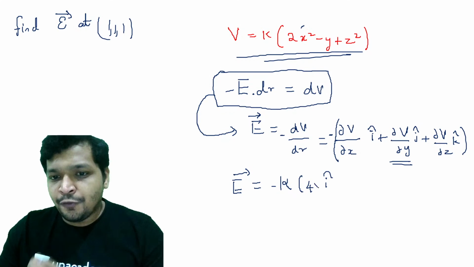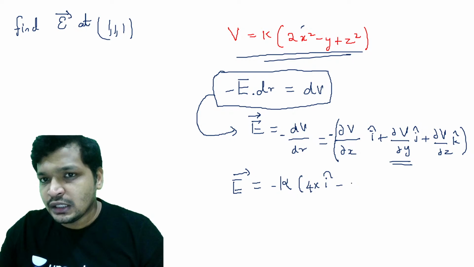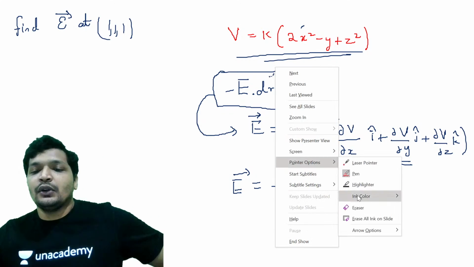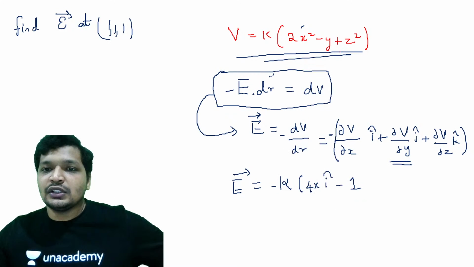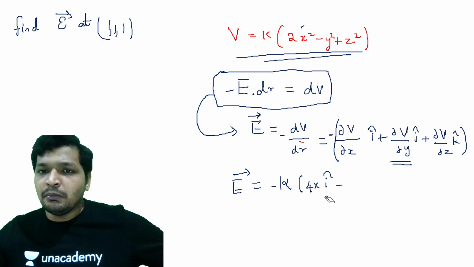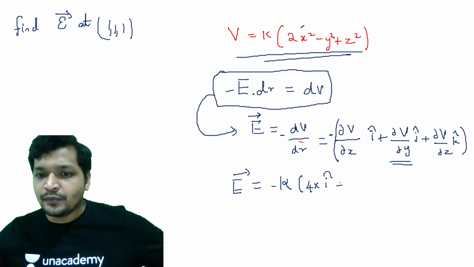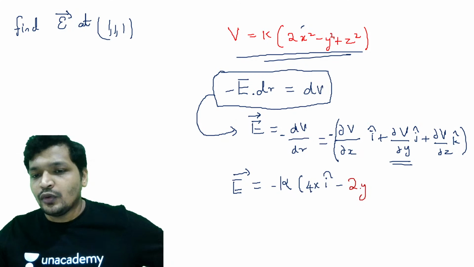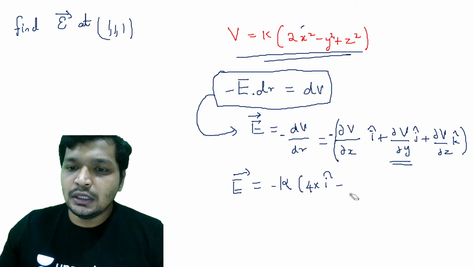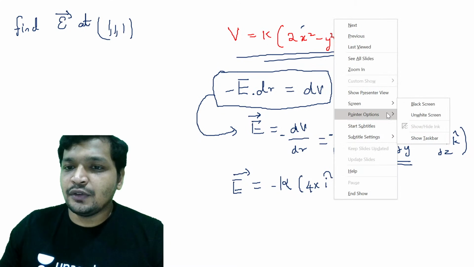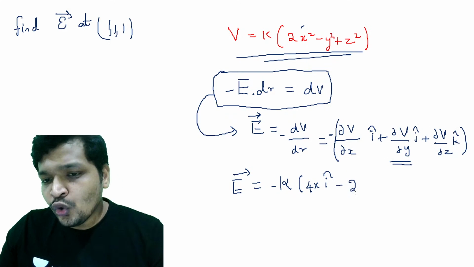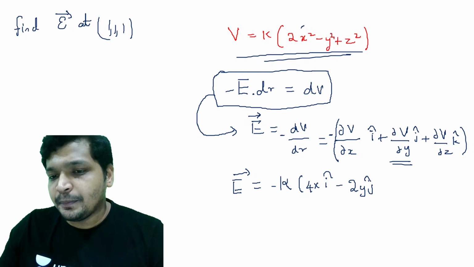I think there was y square in the question, not y, so this would be minus 2y. Let me write it down in the same color for clarity. Yes, this would be minus 2y j cap.